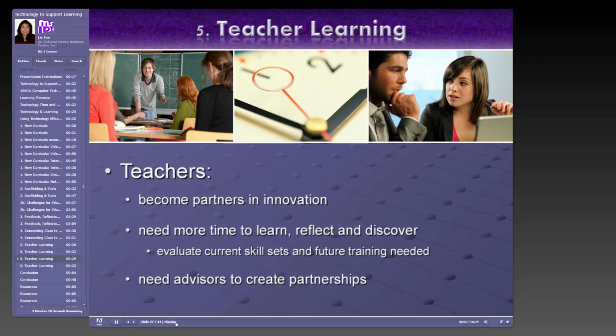In order for teachers to stay current with technology, they must work collaboratively and establish a partnership with fellow teachers, students, parents, community, and the computer industry. Teachers also need more time to learn, so they can reflect and participate in discovery. Lastly, they need advisors rather than supervisors to create a partnership in learning.